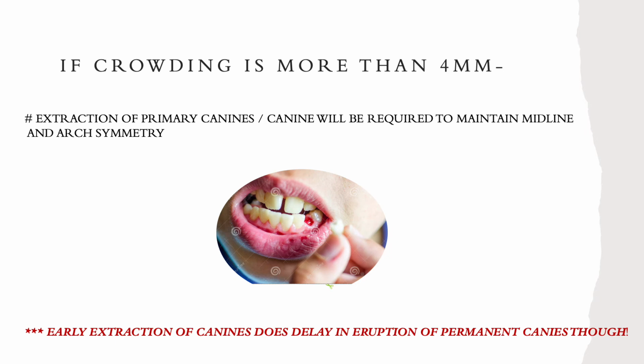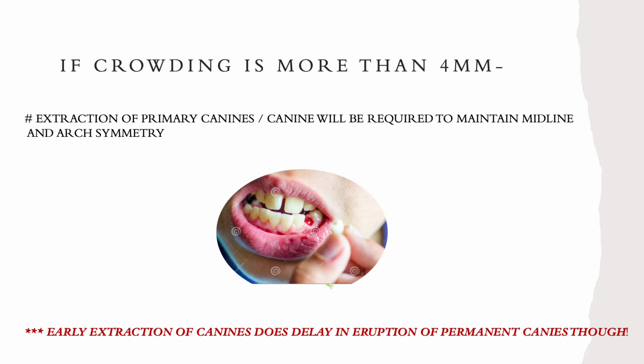But what happens if the crowding or the space needed is more than 4 millimeters? The previous case, wherein disking can solve the problem, was when the crowding was less than 3 to 4 millimeters. In that case, disking of the primary canines can help.